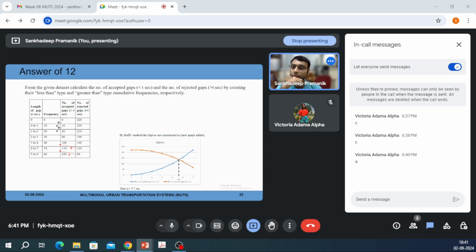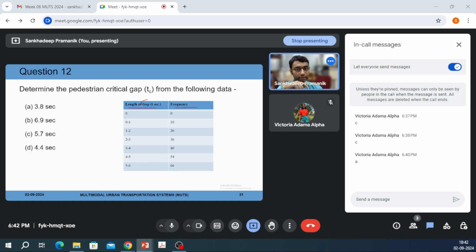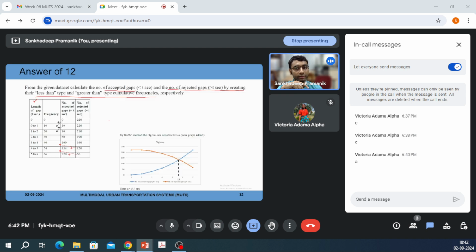From the given dataset we have to calculate the number of accepted gaps and the number of rejected gaps by creating their less than or greater than type cumulative frequencies. The lengths of the gaps are given for different seconds, 0 to 1 second, 1 to 2 seconds, like that, and the frequency is given. So it is basically the number of accepted gaps that a pedestrian will cross. If the gap is available this much, then the pedestrian will cross.